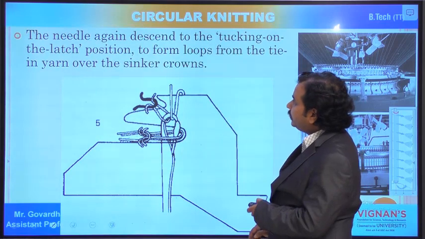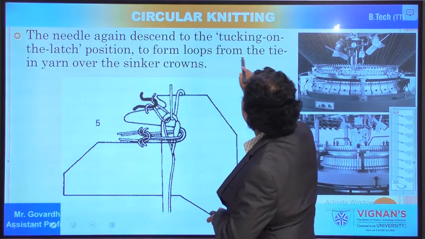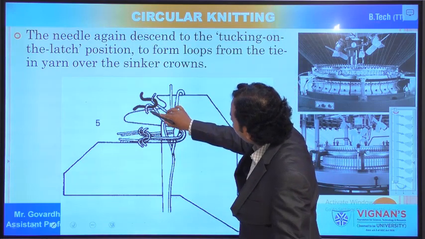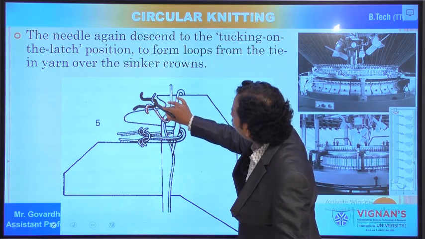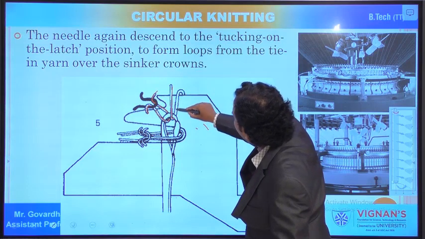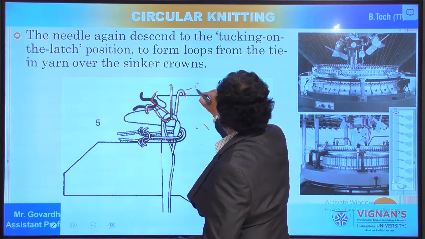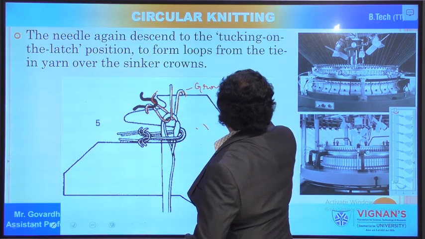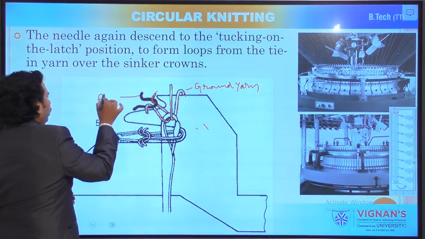So after feeding, the needle again descends to tucking-in on the latch position. You can observe here, this is your tie-in yarn, and this is our ground yarn.